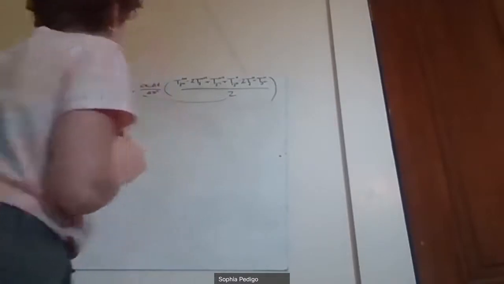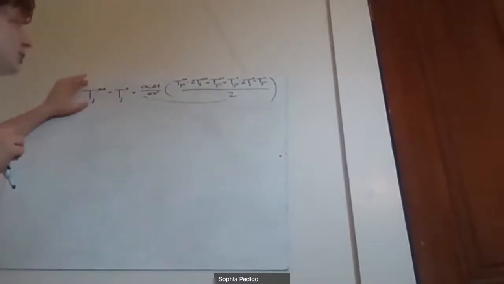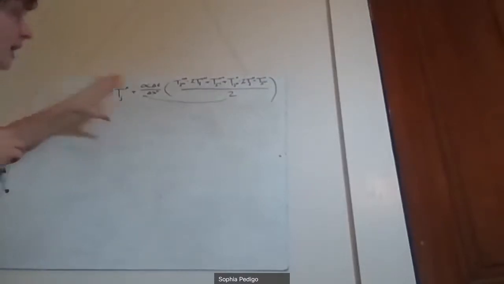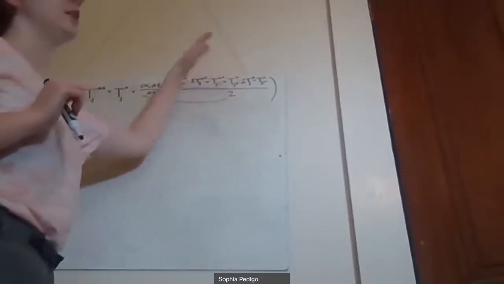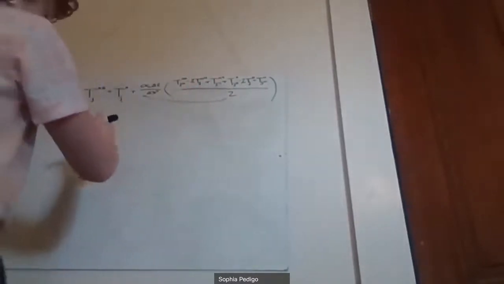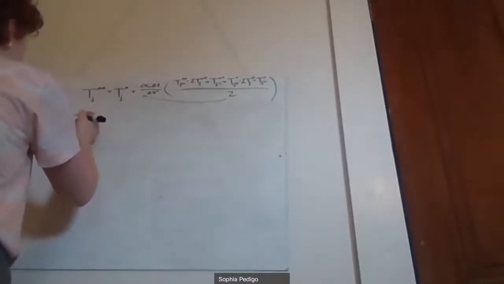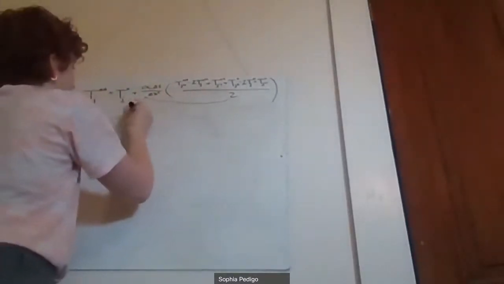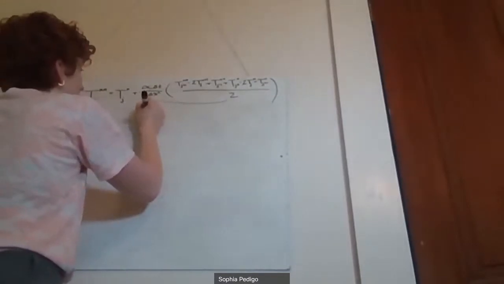And we're going to start by grouping all of the temperature values at time n plus 1 on the left-hand side, and all the temperature values that are just at time n on the right-hand side. So let's go ahead and do that. Keep in mind, I'm going to be writing this thing as R. Let me actually just write it down really quick.